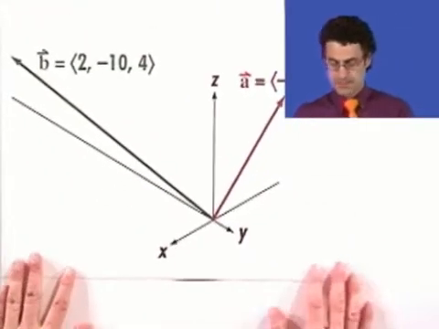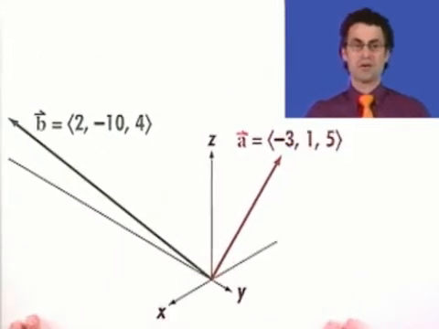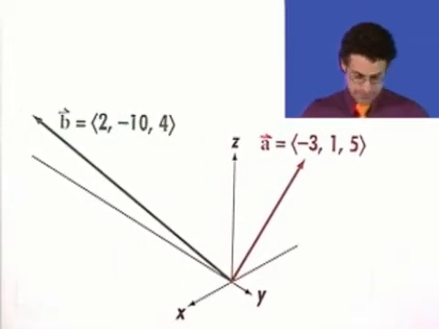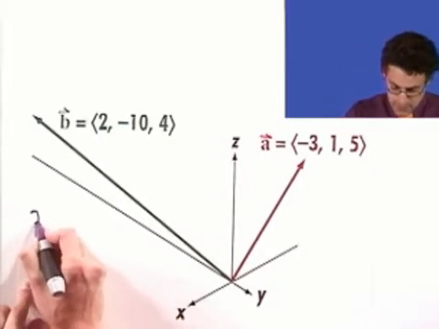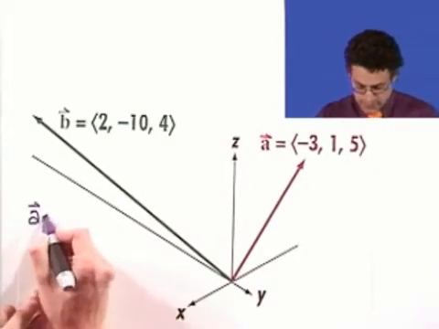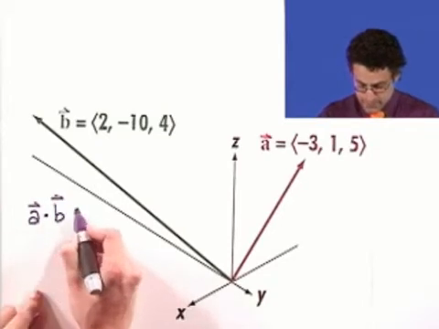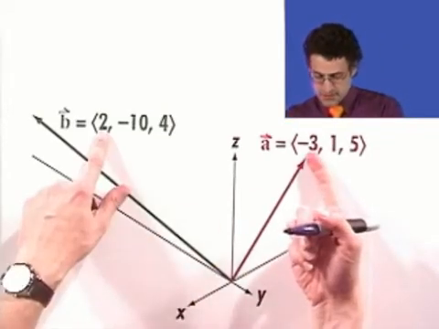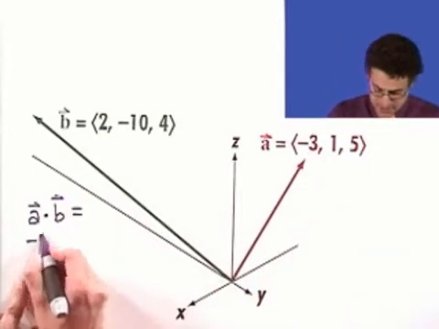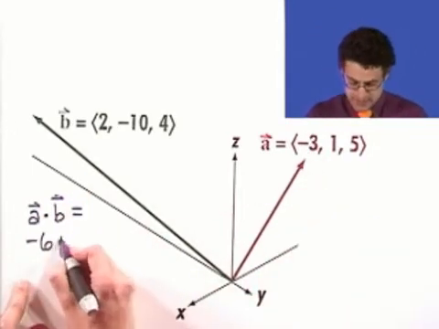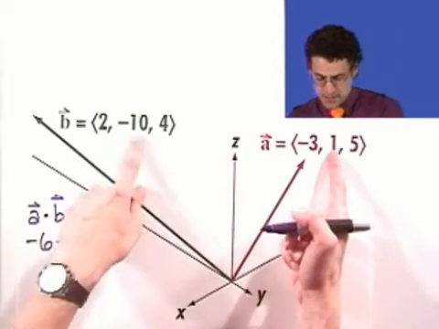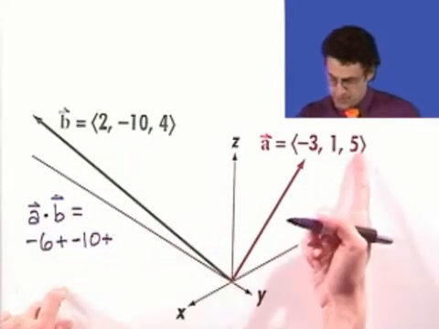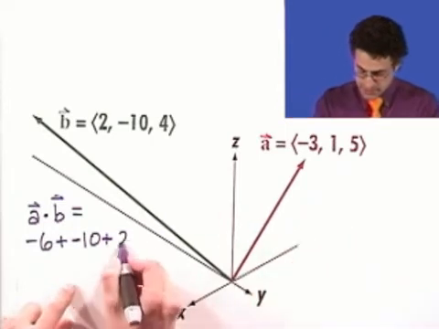Here are two vectors, A and B, and I want to know what is their dot product. Well, no problem. A dot B. Negative 3 times 2, negative 6, plus 1 times negative 10, negative 10, plus 5 times 4, 20.